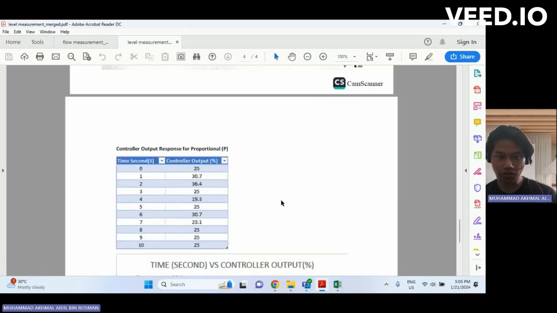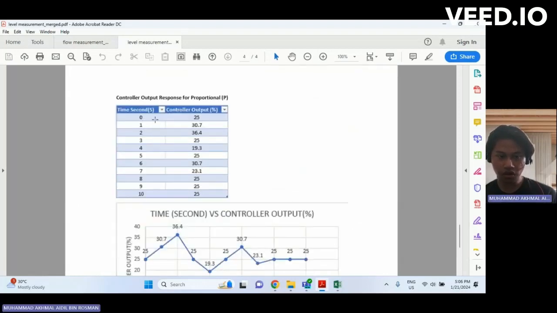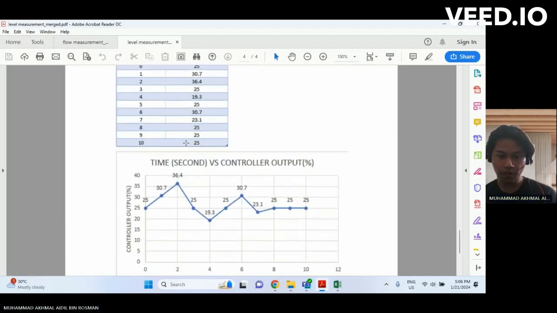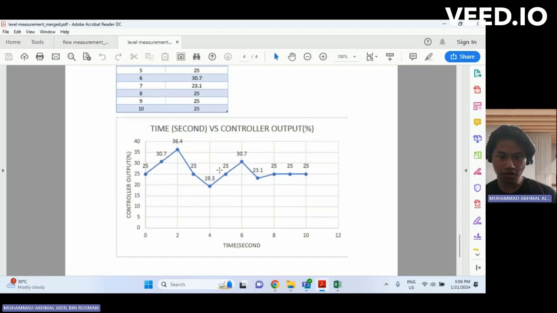And this is our table with the time 0 until 10 seconds and our control output. And this is our graph starting at 0 seconds with control output 25% until 10 seconds with control output 25%.